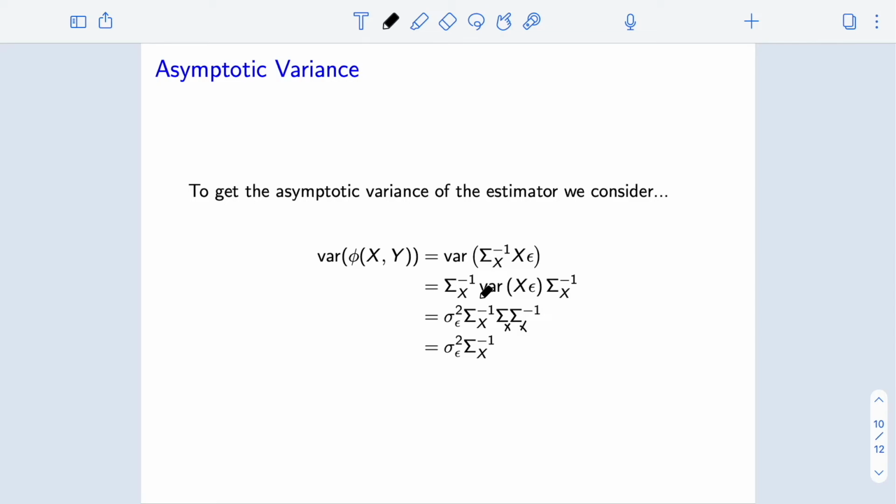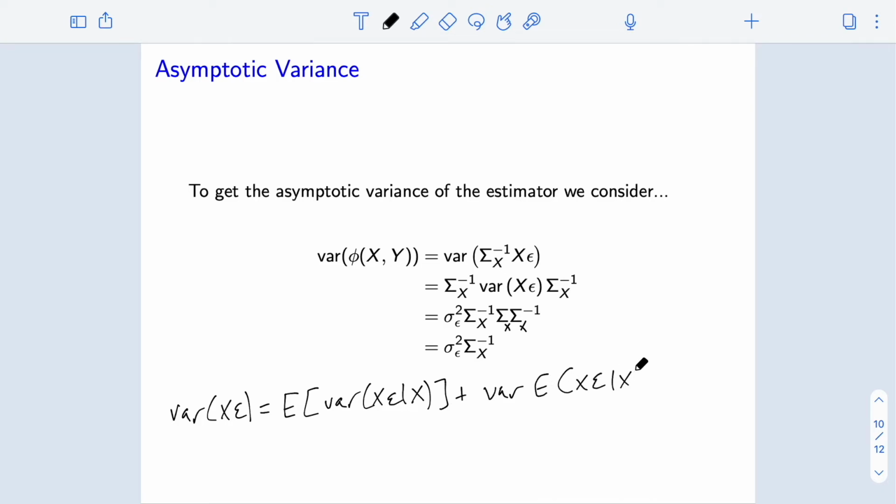To calculate this, we use the law of total variance. So the variance of x times epsilon is equal to the expected variance of x epsilon given x plus the variance of the expectation of x epsilon given x.